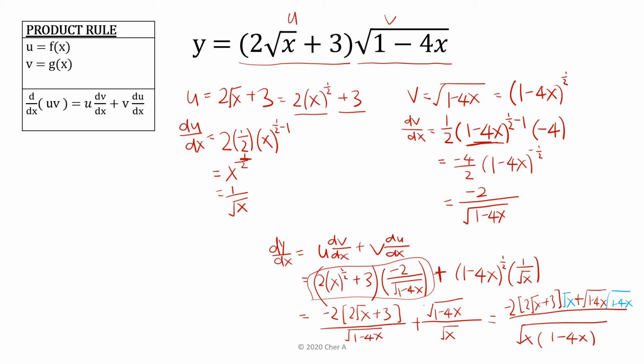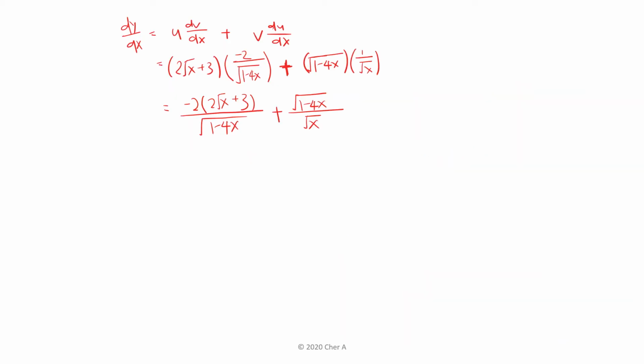I ran out of space. Okay, back to where we left off before I ran out of space. So as I mentioned earlier, they are two separate fractions, so I'm going to put them in a single fraction by multiplying the two denominators together to give me a common denominator.